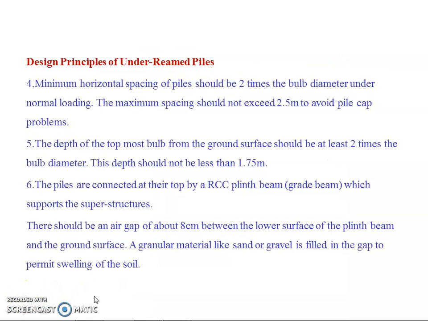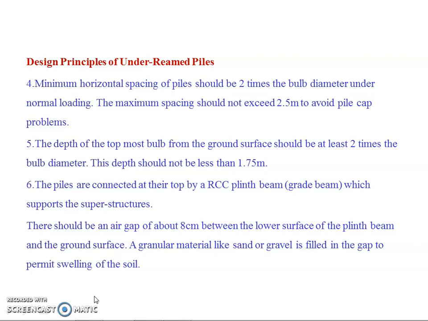The fourth principle is that the minimum horizontal spacing of the piles should be 2 times the bulb diameter under normal loading. The maximum spacing should not exceed 2.5 meters to avoid pile cap problems. So this is very important.